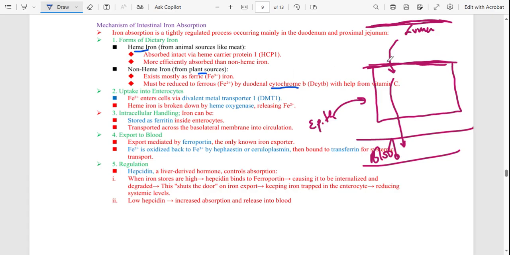So once the iron has been absorbed, remember this side we have got the heme carrier protein 1. That will be absorbing the iron. So once the iron has been taken by the enterocyte, this same cell which I've called the epithelial cell is the enterocyte, the iron 2 plus is now going to enter via what we call a divalent metal transporter 1.